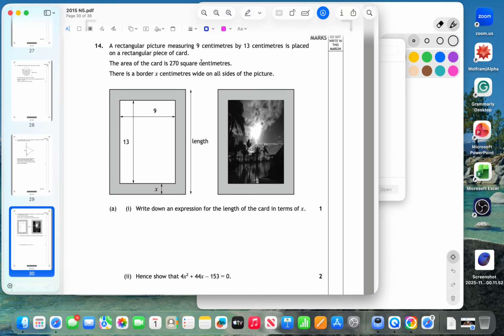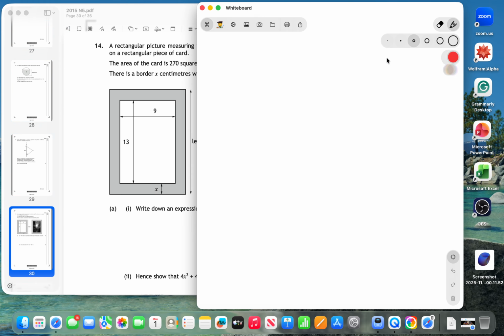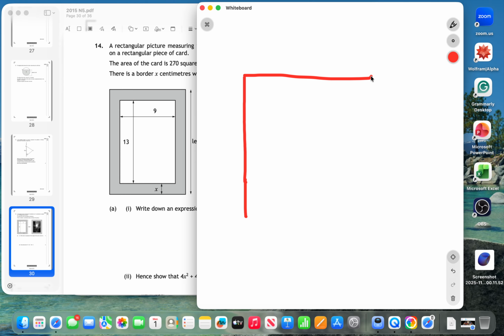So we're told that the area of the card is 270 square centimetres and there's a border X. So let's sketch out what we know. We will do AI and AII in this video and B in the next one.